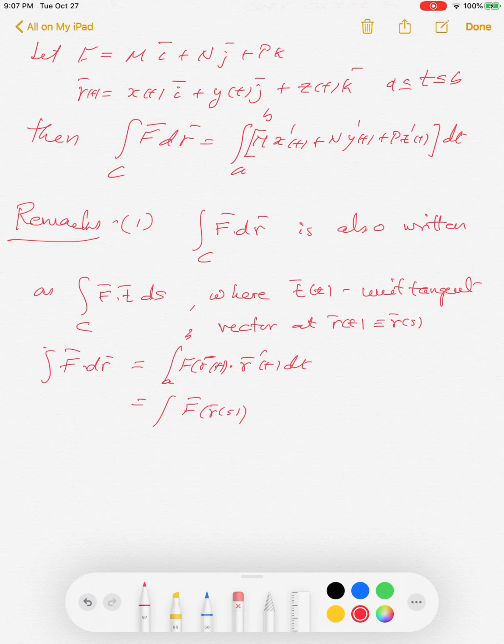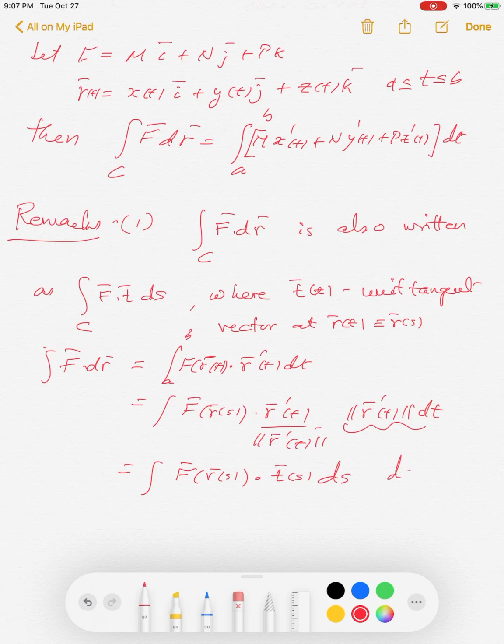This you can think of as f bar at r bar(s) dotted with r bar prime(t), divided by the length and times the length times dt. And now just observe that this is your little t bar, the unit tangent vector, and this length times dt is nothing but ds, because remember ds/dt is the norm of r bar prime. This we proved a long time ago.